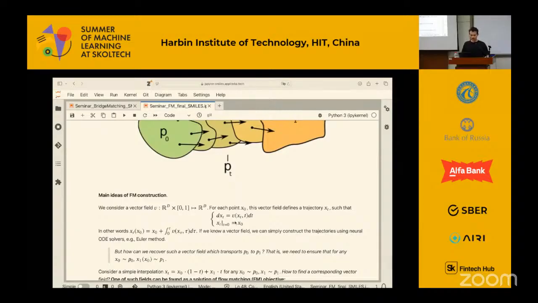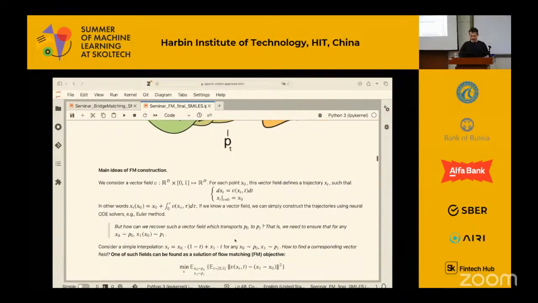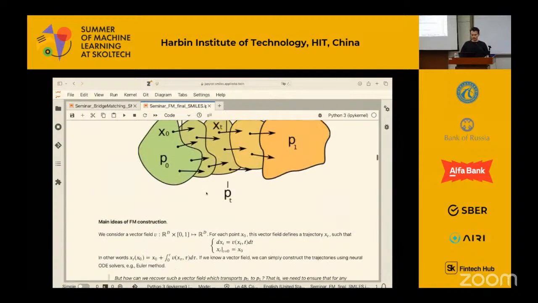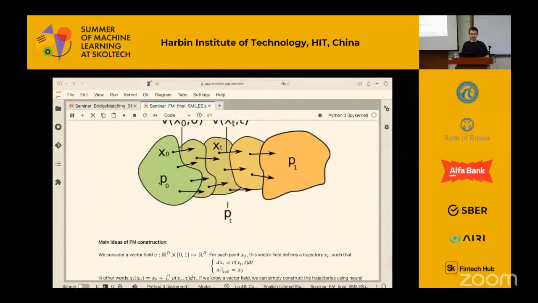If we have a vector field, then everything is easy. Another beautiful thing about flow matching is that it can transport from an arbitrary distribution to another arbitrary distribution, in contrast to diffusion models, which can translate from noise to the data distribution, and not from an arbitrary distribution to some arbitrary distribution.